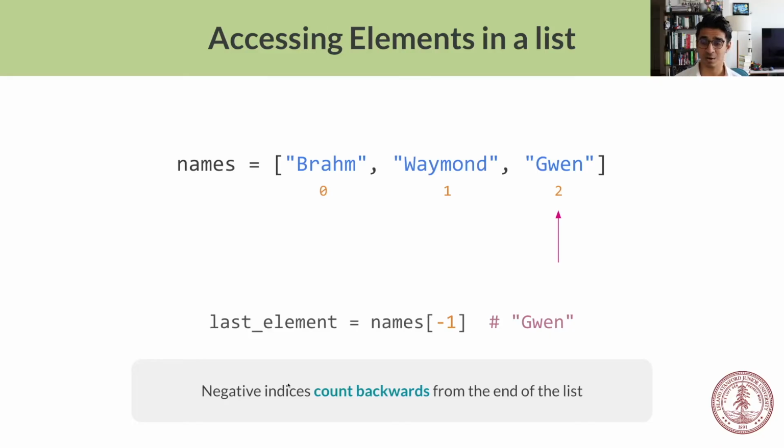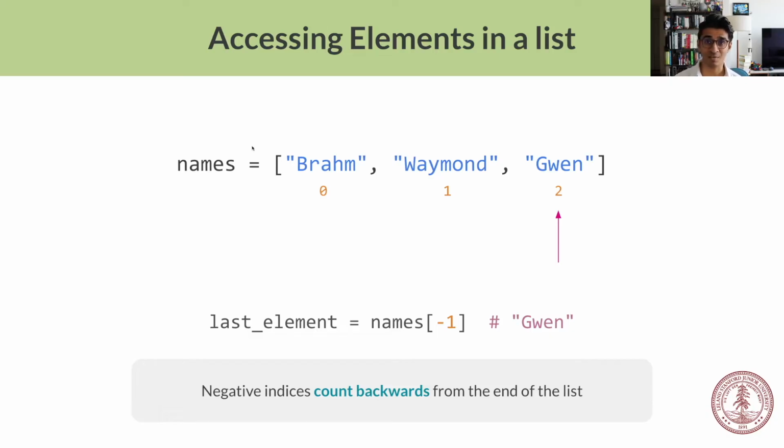The takeaway here is that if we provide a negative index in a list, we count backwards from it. So because we've said -1 over here, we'd start from here and go -1 to get to the Gwen element again. That means that Waymond is also the element at index -2 and Brum the element at index -3.